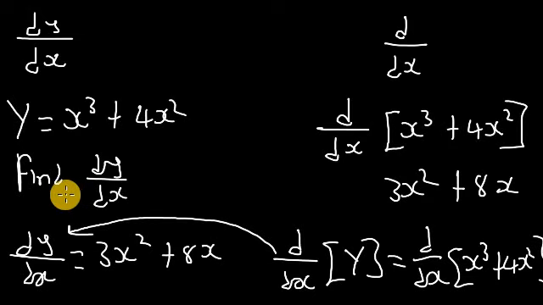Sometimes you might have a function being differentiated with respect to another variable aside from x. So what am I saying? What if you had to differentiate y squared with respect to x? You already know what this means. It's a command. It tells us to differentiate what we have within the bracket with respect to x.